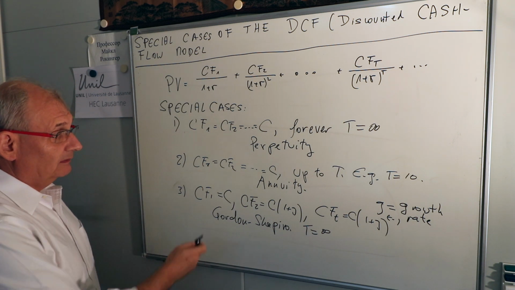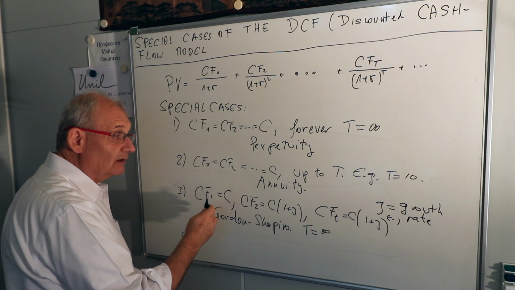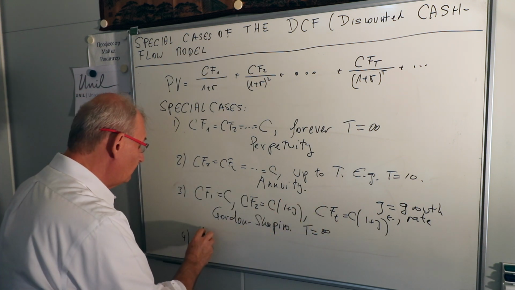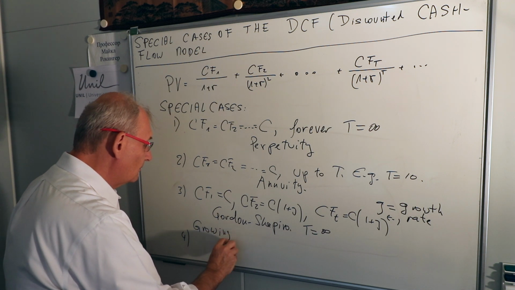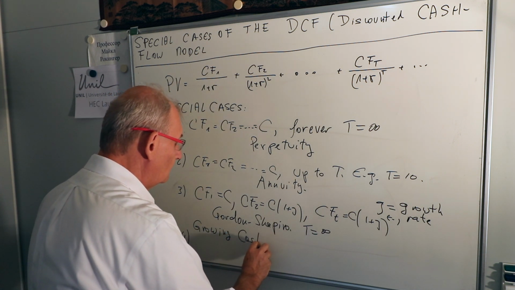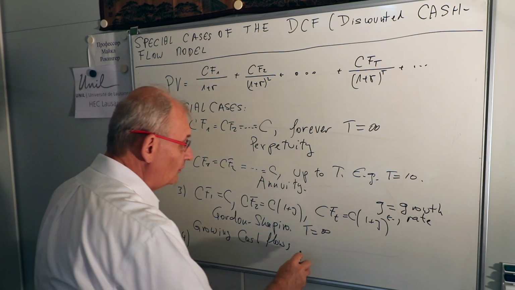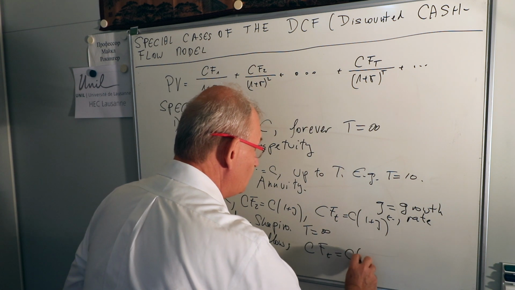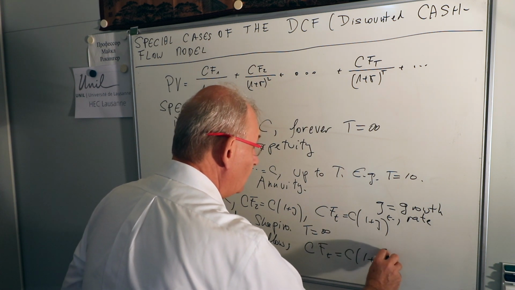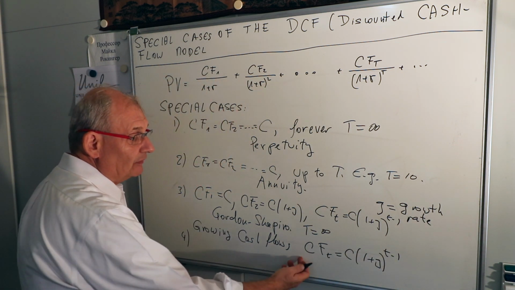Case number 4, in analogy with what we had before, is going to be growing cash flows. So now we write simply growing cash flows, and I assume again that for the general term I'm going to have CFt is C times 1 plus g to the power t minus 1, which is also well defined for the first time period.